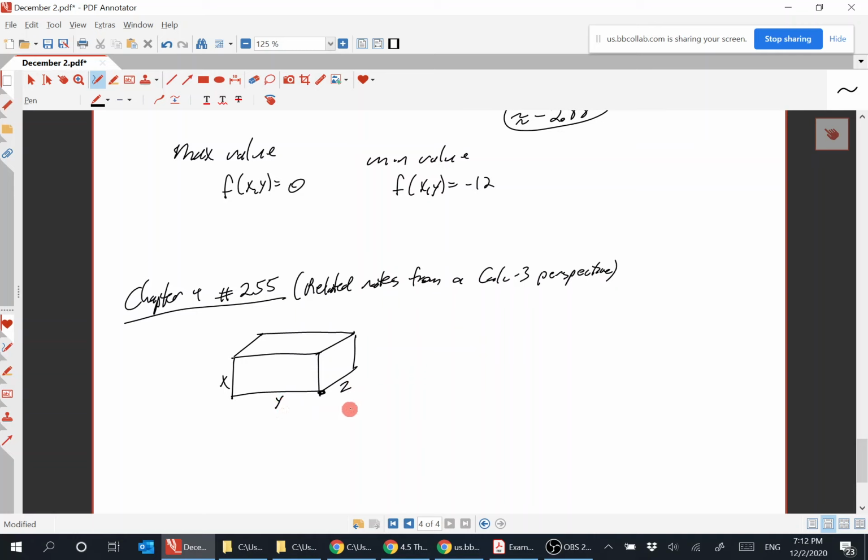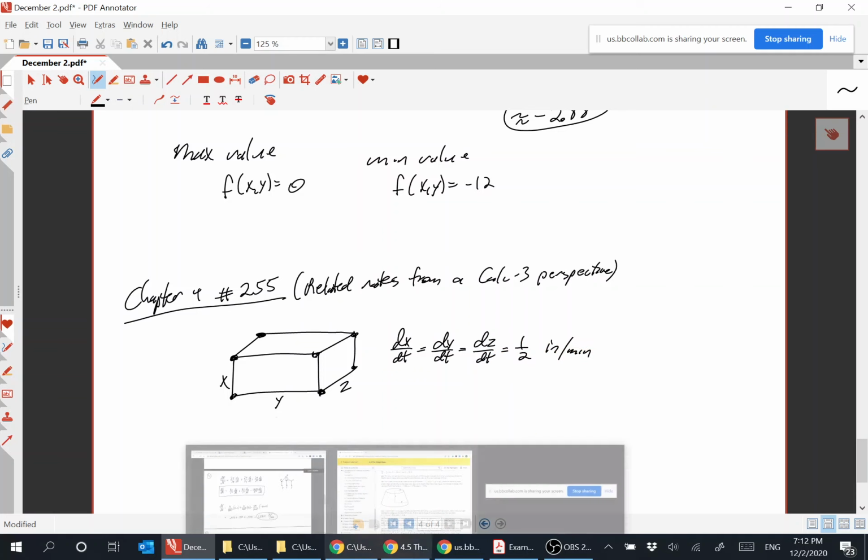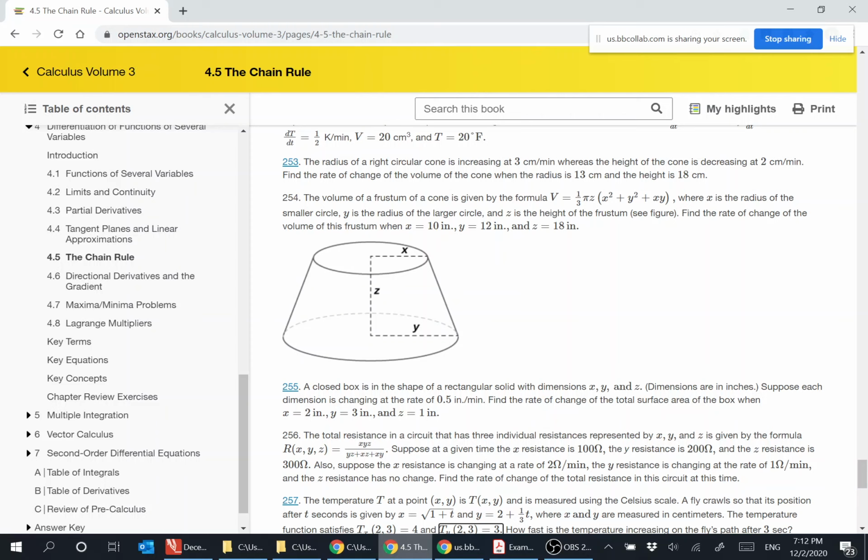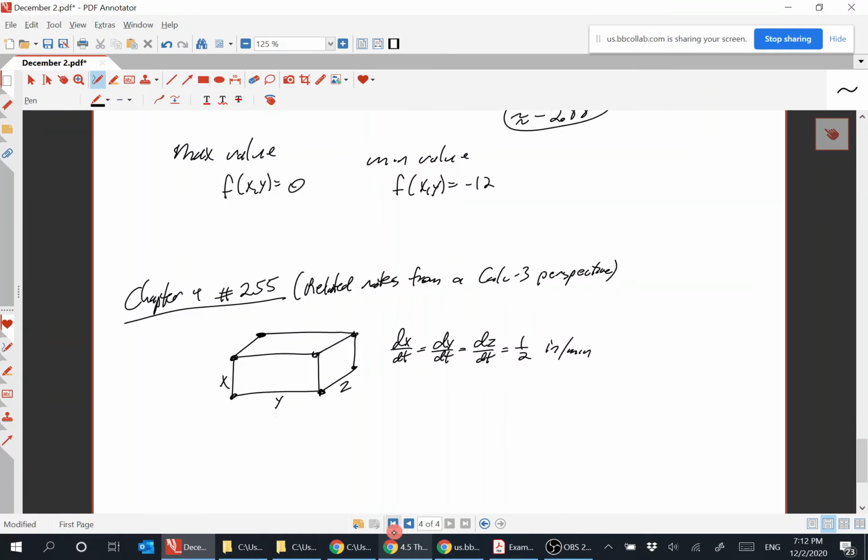We're wondering about the surface area. So dx/dt = dy/dt = dz/dt = 1/2 inches per minute. Find the rate of change of surface area when x is 2, y is 3, and z is 1. So find dA/dt when x is 2, y is 3, z is 1.